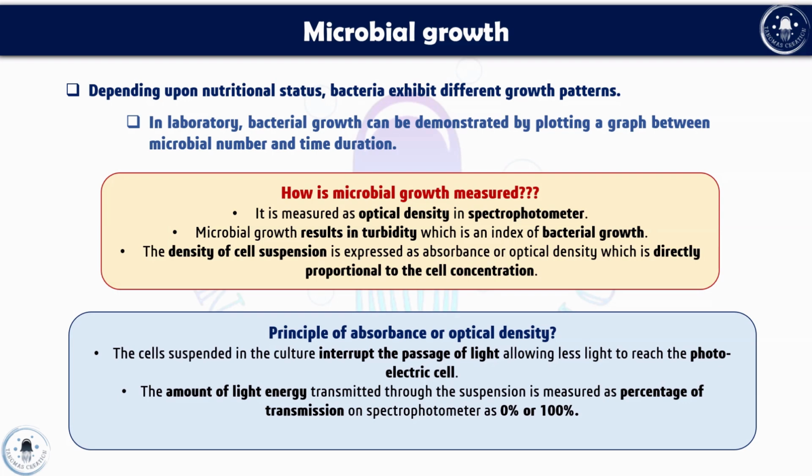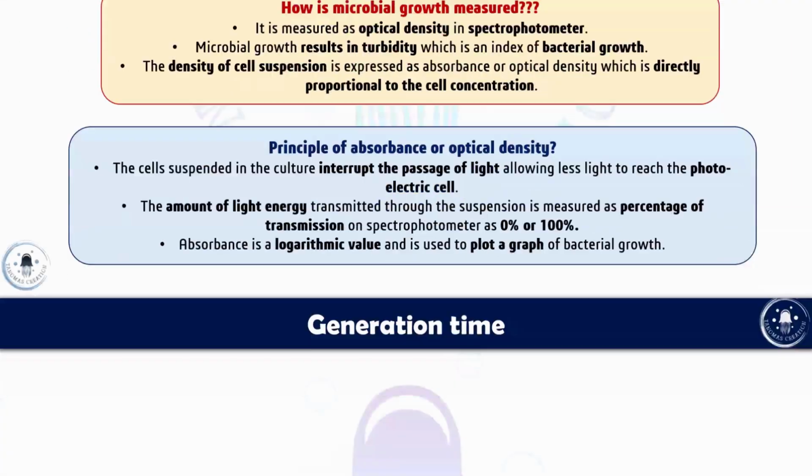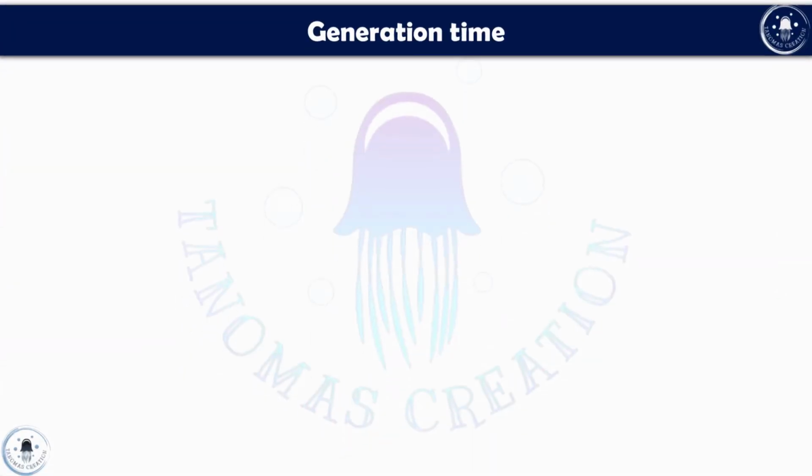Now, this absorbance is a logarithmic value, and this is used to plot a graph of bacterial growth. Suppose you are taking transmission, you have to convert it to optical density only. So optical density or absorbance is a logarithmic value, and this is used to plot the graph of the bacterial growth. Okay.